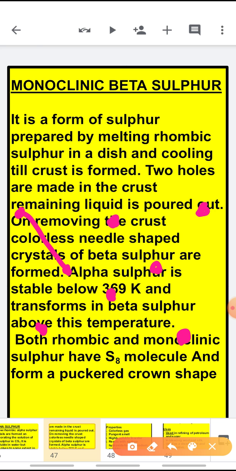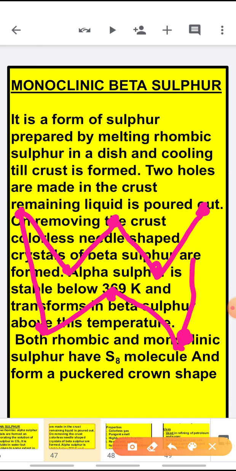Now join them, 1, 2, 3, 4 and 5. Then 1, 2 and 3. So while joining these, we get the S8 structure. Here the bond angle between the 2 atoms is 107 degrees. So children, you have to remember, for both alpha and beta sulfur, the structure is the crown shaped structure.